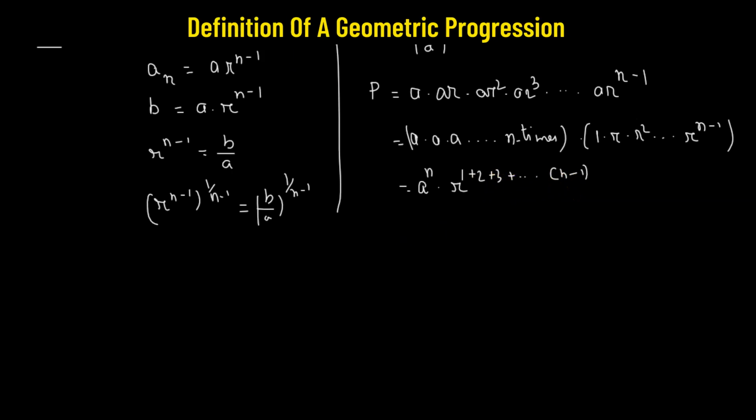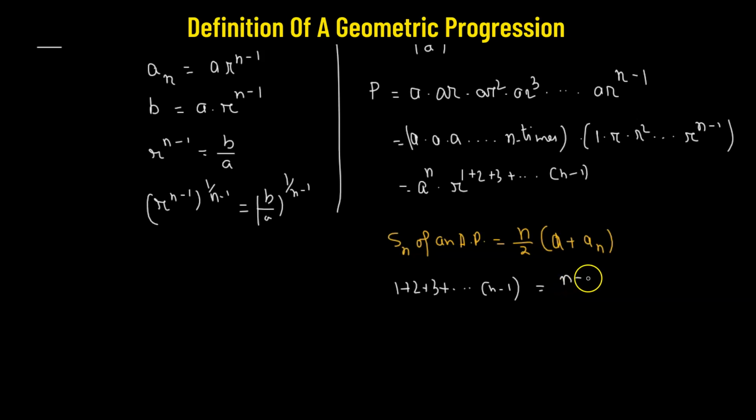Now we know that the power of r is an arithmetic progression, arithmetic series, whose sum to the nth term is given by n over 2 multiplied to the first term, which is a, plus the last term. So in our case we have 1 plus 2 plus 3 all the way up to n minus 1. How many terms are there? There are n minus 1 terms.